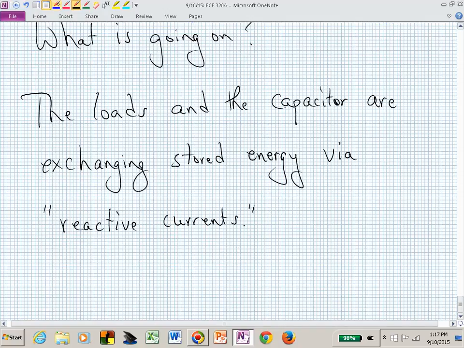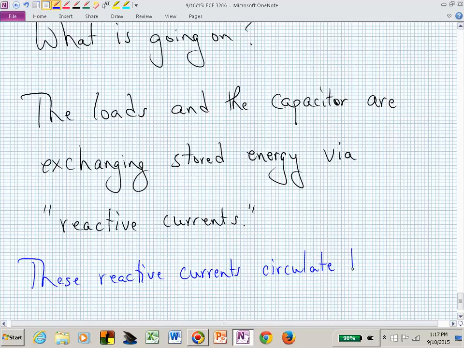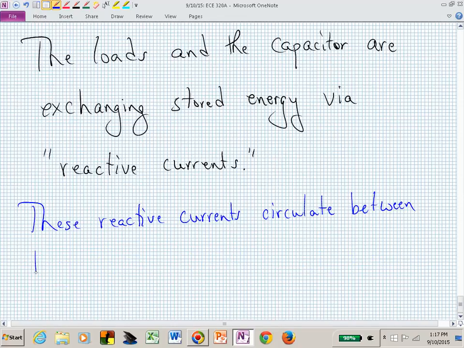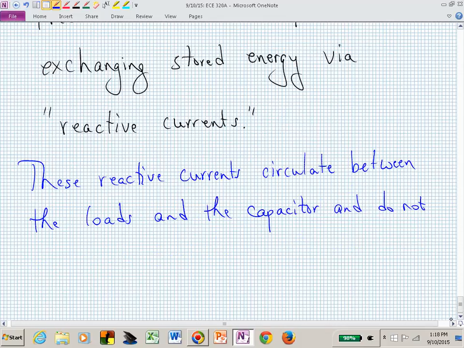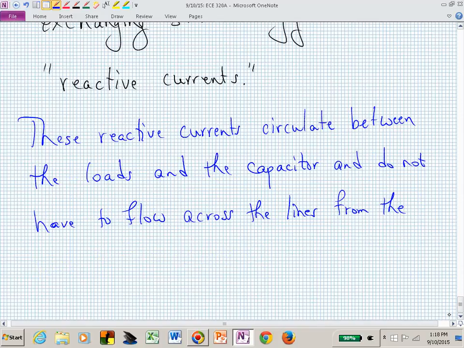And these reactive currents circulate between the loads and the capacitor, and as a result do not have to flow across the lines from the source to the loads.